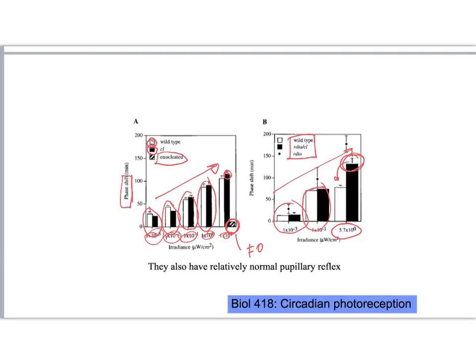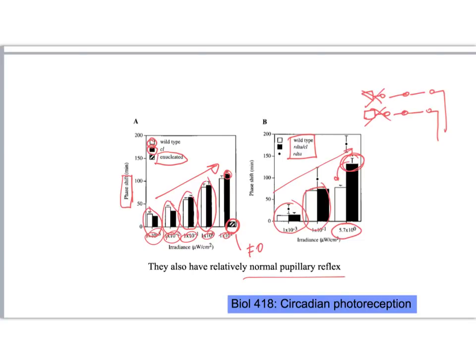But the point here is that a retina that has, remember, of the 3 layers, so these retinas have no rods, no cones. The animals that have these retinas can entrain perfectly to a light-dark cycle. They can also have a normal pupillary reflex, and amazingly, they are blind.